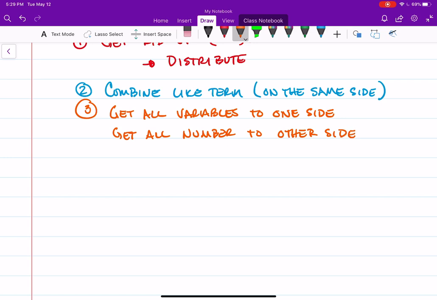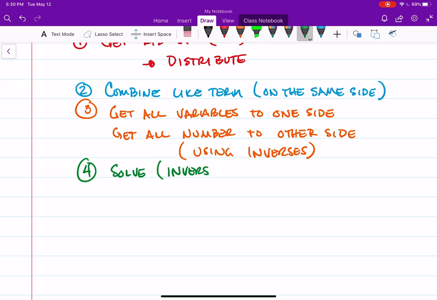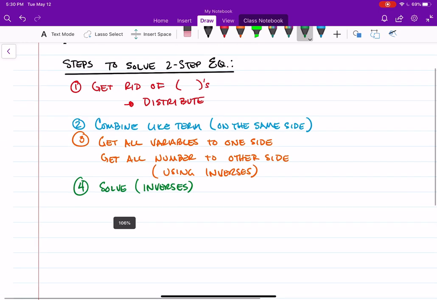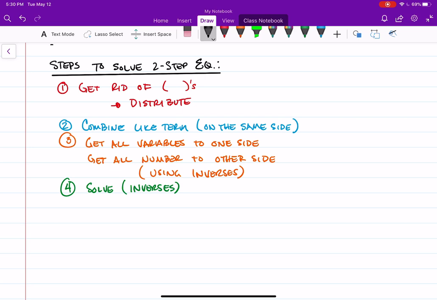And with this, you're eventually using inverses, okay? And then step 4 is to solve, which is also using inverses, okay?